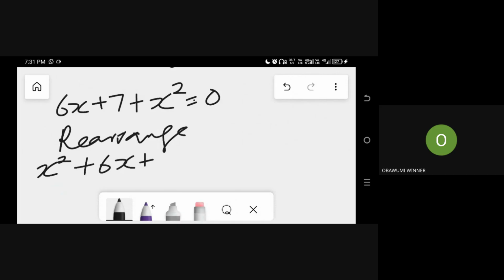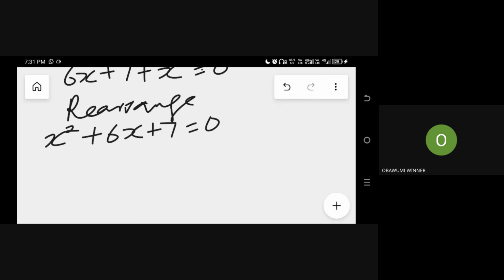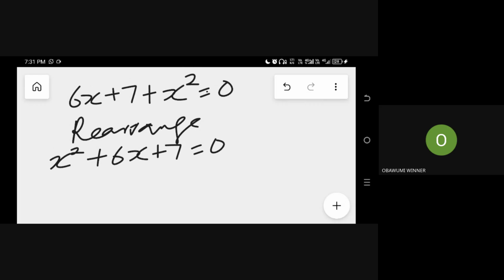The one without s last. That's the third. So if you want to do it this way, that's still fine. But make sure you don't just pick whatever you see at the first, second, and third as A, B, C. No. The one attached to s to the power of 2 is the A. The one attached to s is the B. While the C is the constant, the one without any letter.